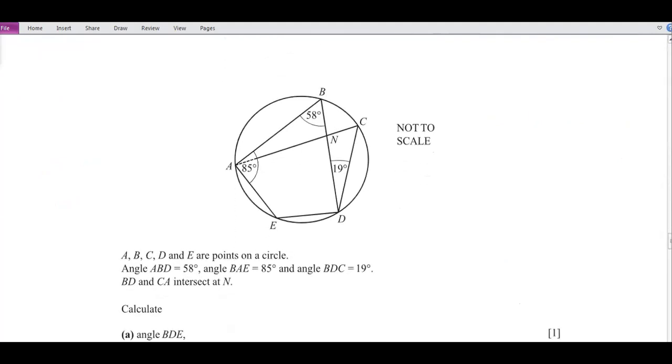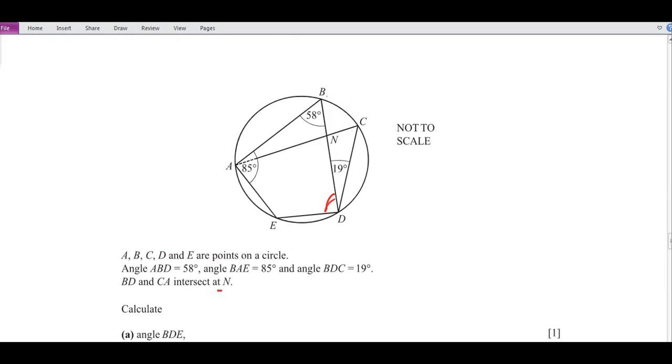Look at this one. A, B, C, D, and E are the points on the circle. These are the points on the circle. Angle DA intersected, and calculate BDE, which is your required angle. BDE means you have to find this angle.